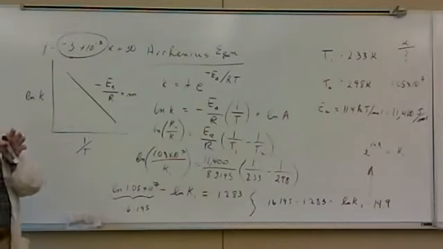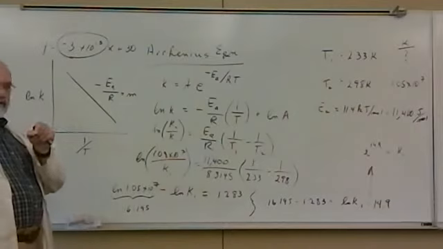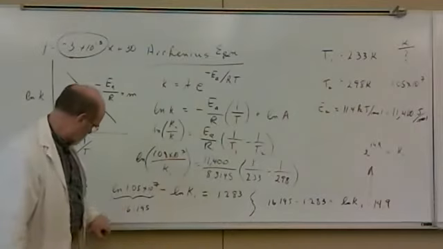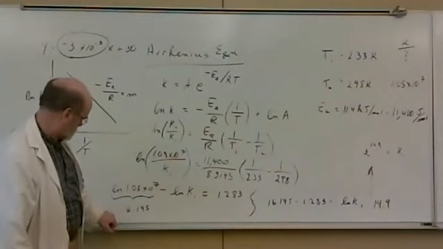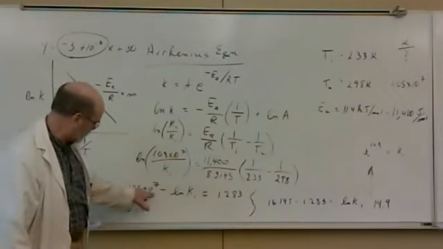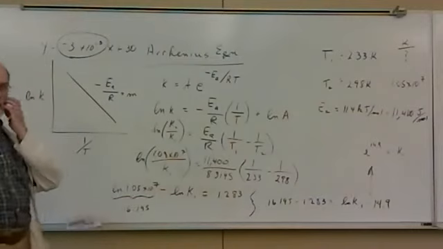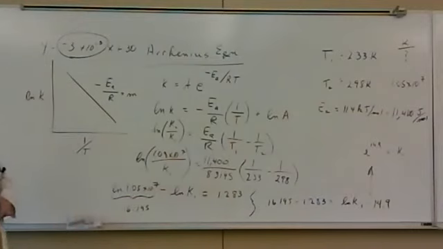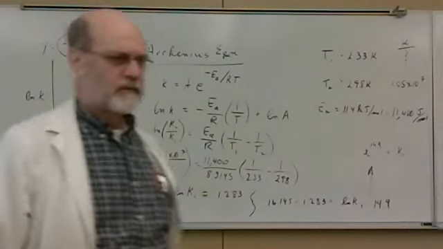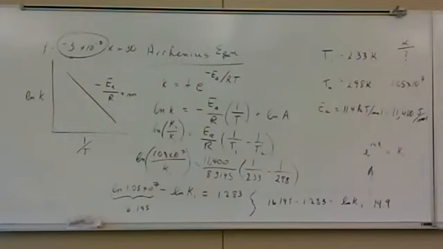So punch the natural log button, then enter this value, 1.08 times 10 to the 7th. How do you put in 10 to the 7th correctly? I don't even know that. There should be an exponent key in there. No, it'll be like 10 to something. It's not that one.